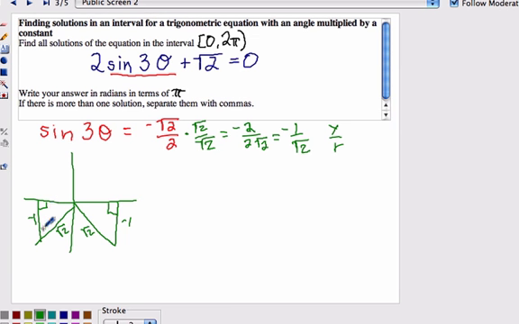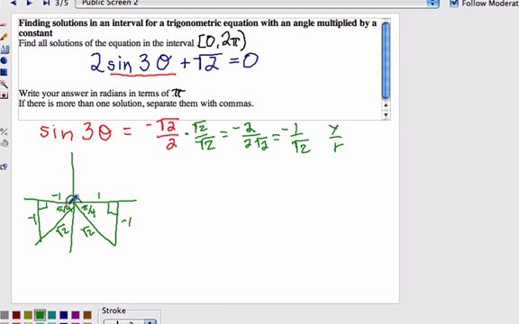Now, hopefully at this point, if you didn't recognize it already, you're recognizing, hey, that's got to be a 1, 1, square root of 2 triangle, which is a 45-degree angle, or pi over 4 radians. So they're both pi over 4. So now what we want to do is look at what these angles are.